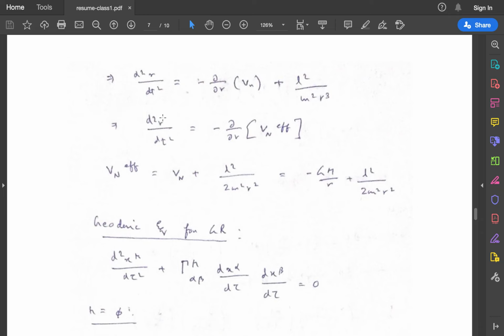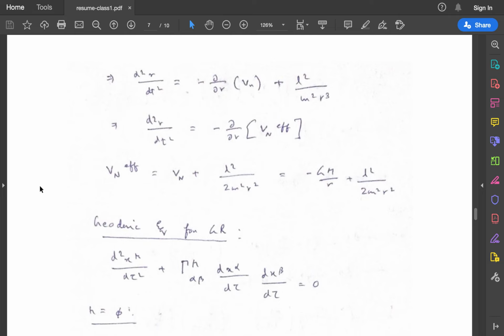We can write this in terms of an effective potential, del by del r of Vn effective, where Vn effective is the potential which we have already seen, plus this term L square by 2 m square r square. If I expand it, this will be minus GM by r plus L square by 2 m square r square. So this is the total effective potential we have, and the equation of motion for r can be written in terms of this.